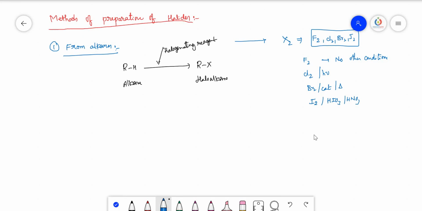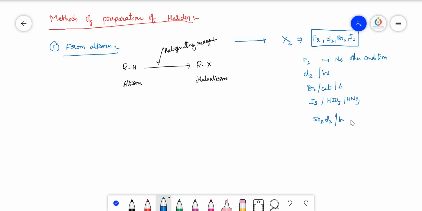The other halogenating agent is SO2Cl2, sulfuryl chloride, in the presence of sunlight or peroxide. So this reagent you must remember in order to convert a particular saturated hydrocarbon to the haloalkanes.